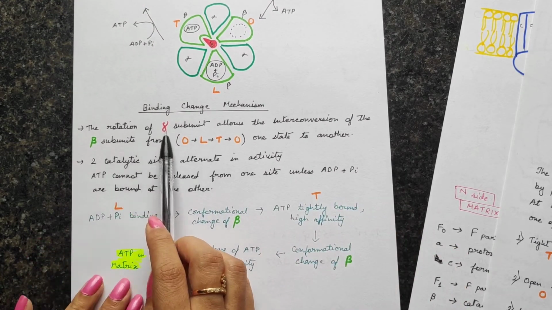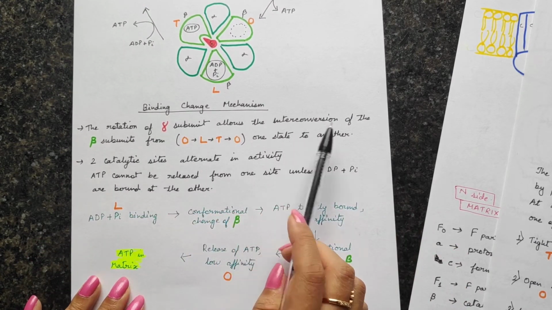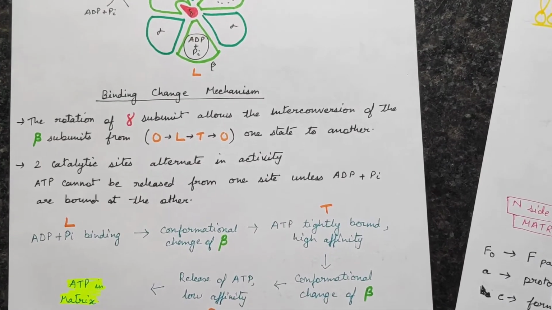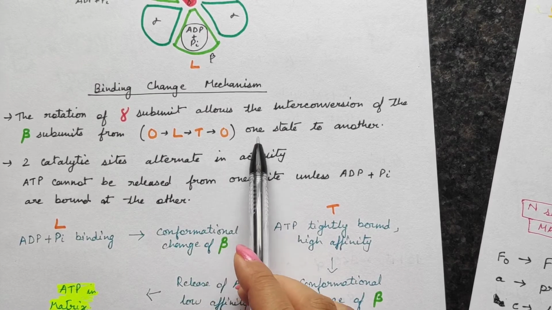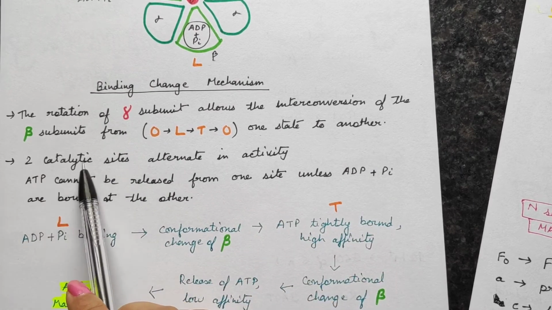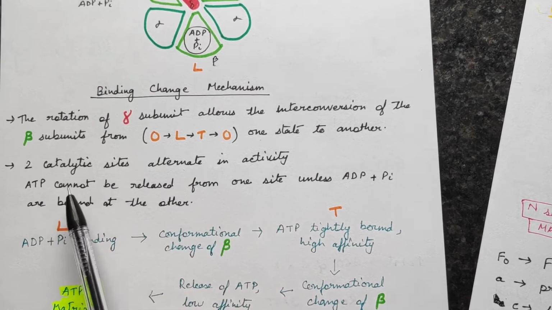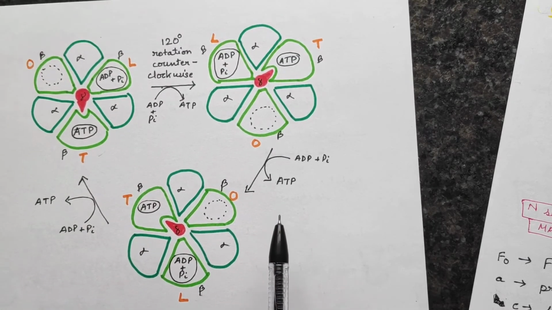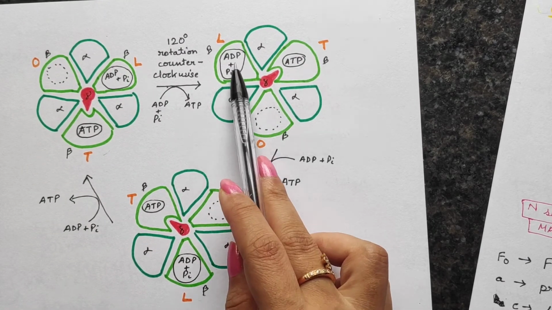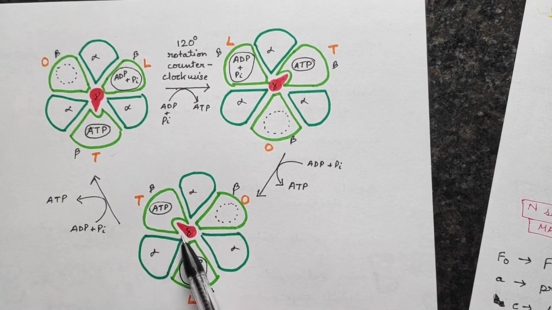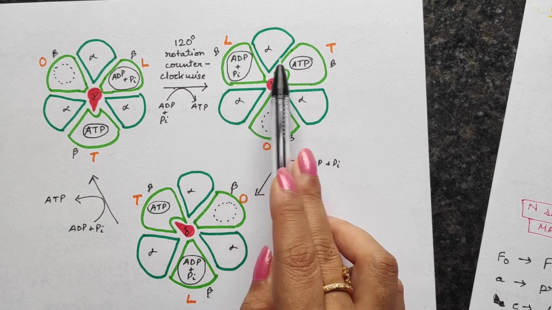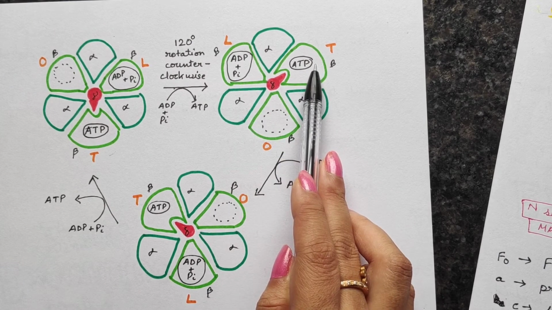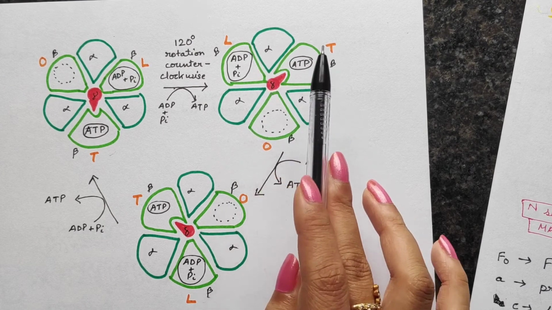Now the rotation of the gamma subunit allows the interconversion of the beta subunit from O to L to T to O, that is, from one state to another. Two catalytic sites alternate in activity. So you can say that at one particular time, two catalytic sites are active and are in alternative form. You will never find two of them having the same state.